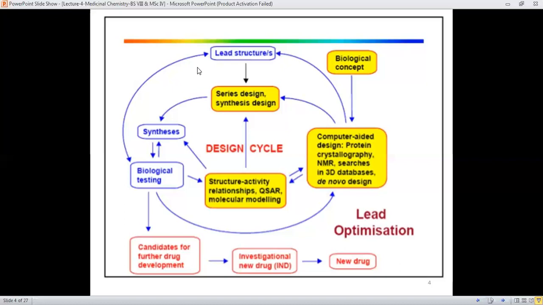And the biological testing also leads to the candidate for further drug development, which leads to the investigational new drug stage. And lastly, there is the designing of the new drug, which is launched in the market after many stages, which undergo clinical trials, in vitro studies, and studies on small animals like guinea pigs and rabbits.